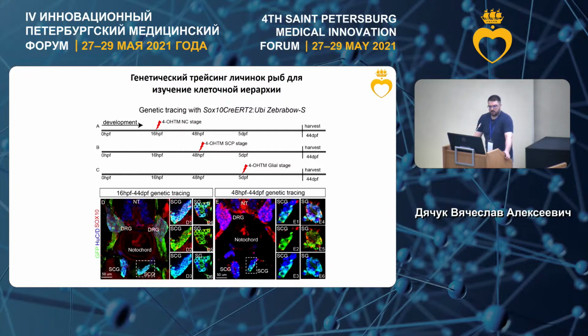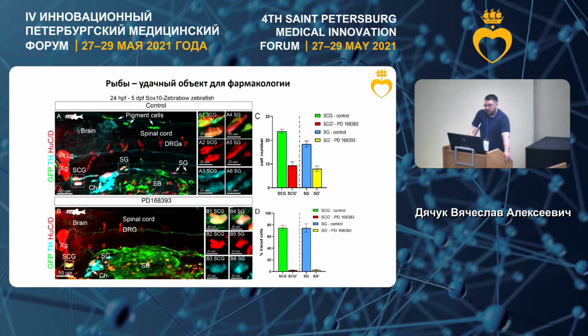If you add tamoxifen, you activate the tracer in these particular cells. These animals actually allow you to stain a particular type of cells, and then you may add extra staining for other markers. This is highly useful to investigate stem cells and their potential.